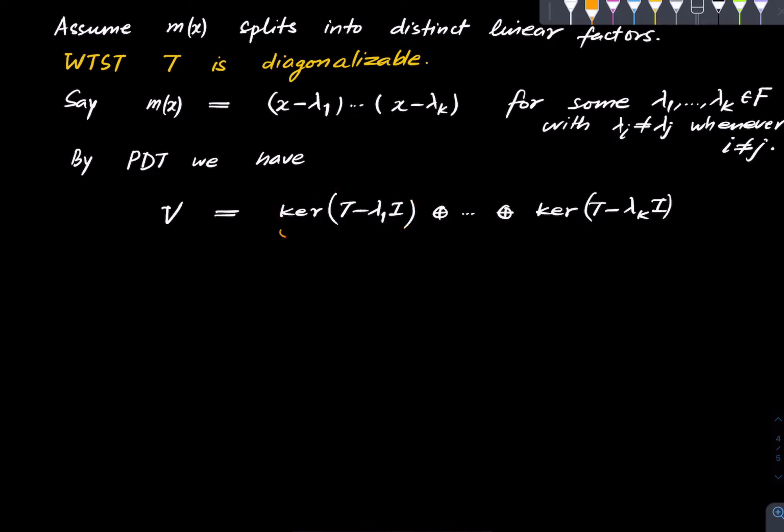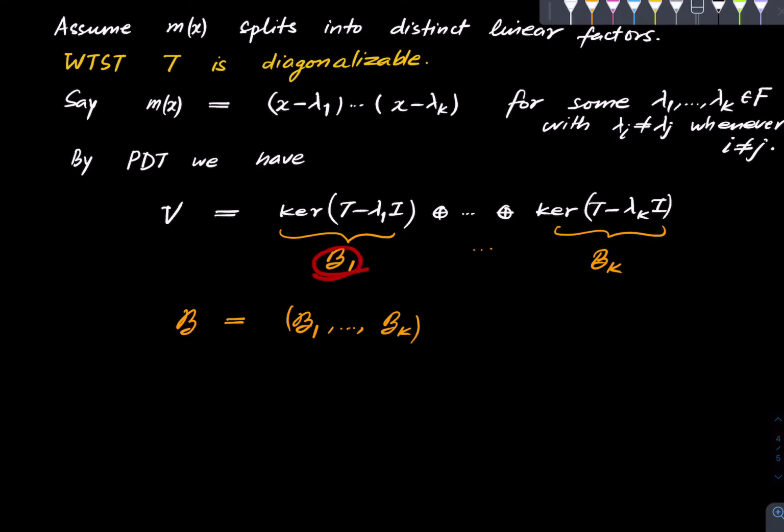So choose a basis b_1 up to b_k of these subspaces, and just concatenate those. I'm writing it in somewhat sloppy fashion, but I hope you understand. So just arrange the vectors that you get here in one line, and that would be a basis of the vector space V.